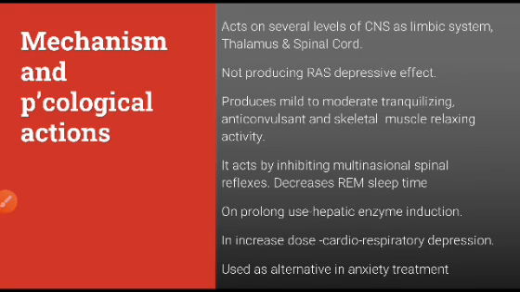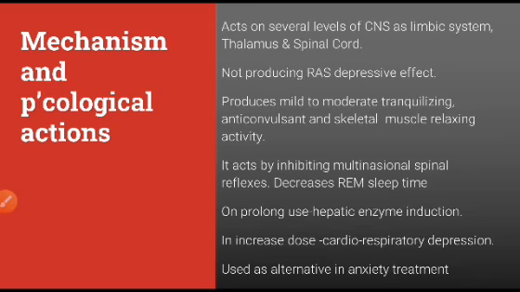What is the mechanism here? We'll see the mechanism and pharmacological action. It acts on several levels of the CNS such as the limbic system, thalamus, and spinal cord, but it does not depress the RAS of the brain.